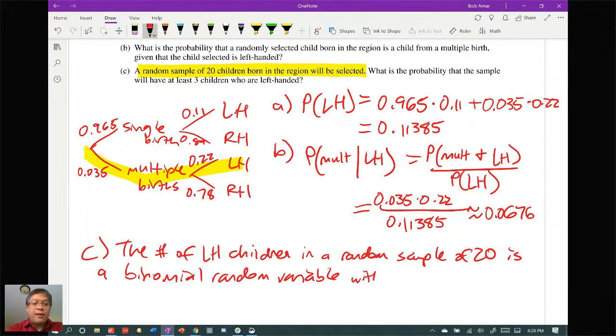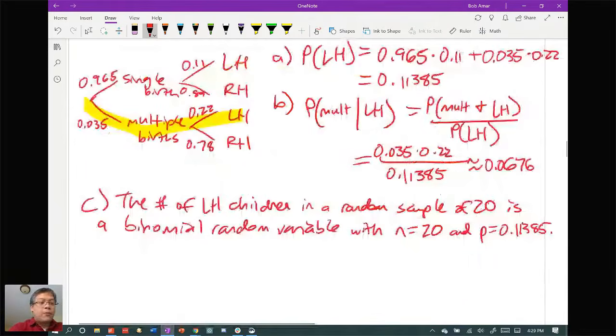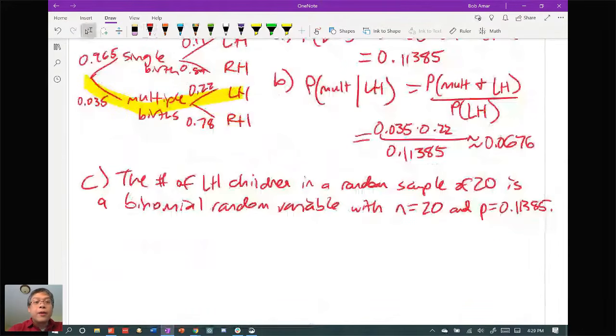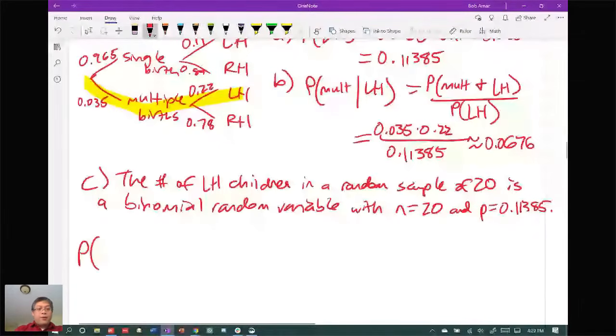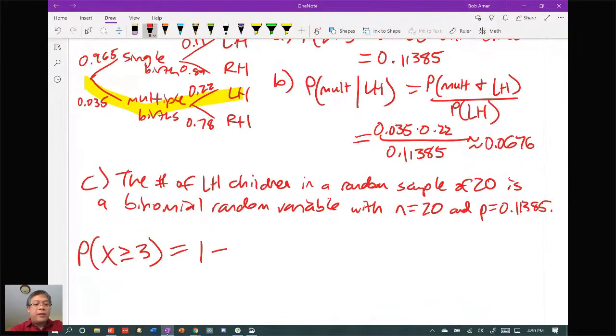So it's a binomial random variable with n equals 20 and p equals 0.11385. Now there's a formula for this, and it says at least 3. The probability of at least 3 is basically 1 minus the probability of being less than or equal to 2.